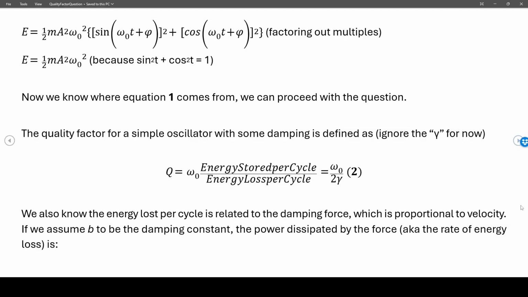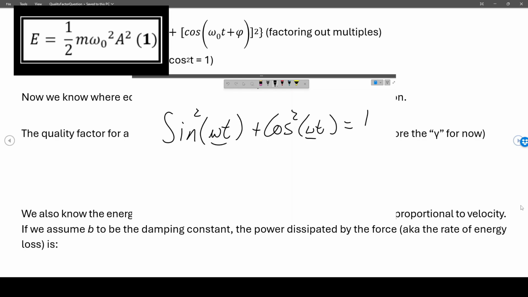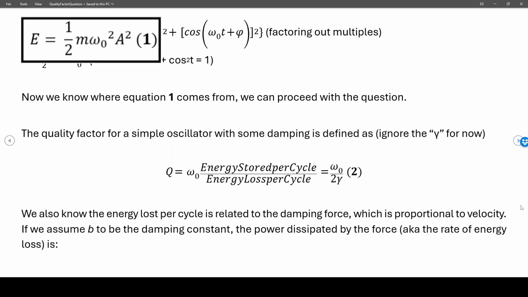Now you should notice from the middle, if you remember your trigonometry, that sine squared of t plus cosine squared of t is equal to 1. This gives us this equation. Now, we know where equation 1 comes from, so let's proceed with the rest of the question.